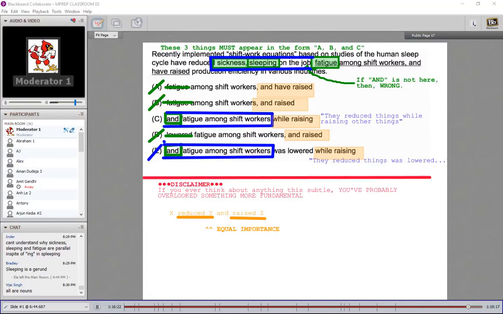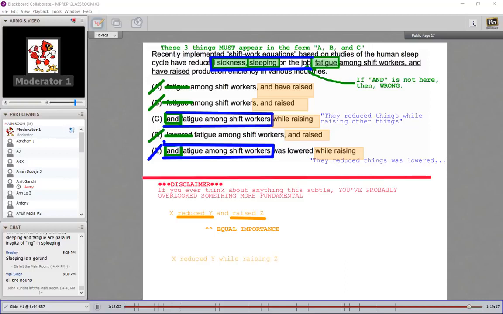You're saying they have equal priority. Whereas if you have x reduced y while raising z, that last part's a modifier. By definition, modifiers have lesser importance than the main sentence, which is why they are modifiers. So in this structure, this is the main point, and this is a side point, and it's less important.